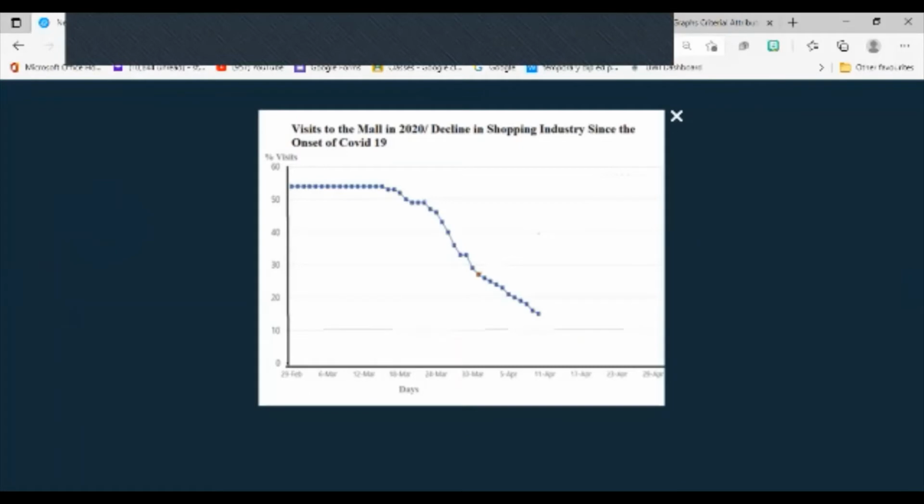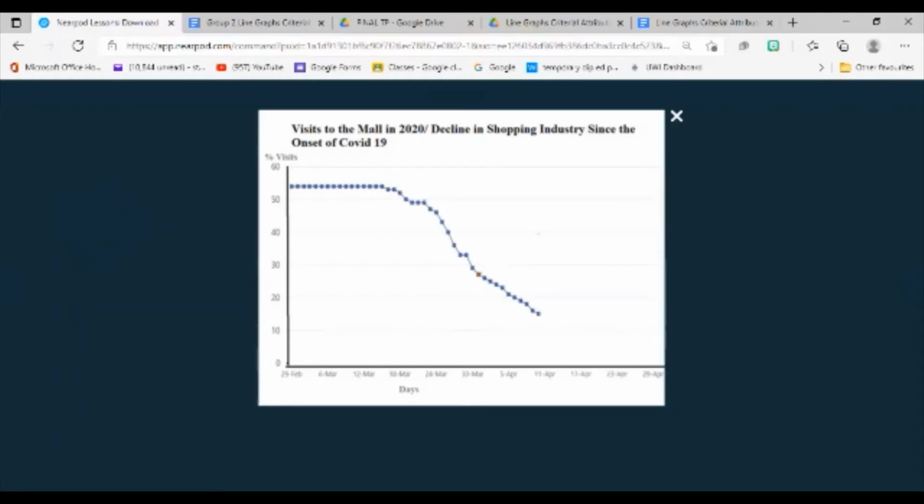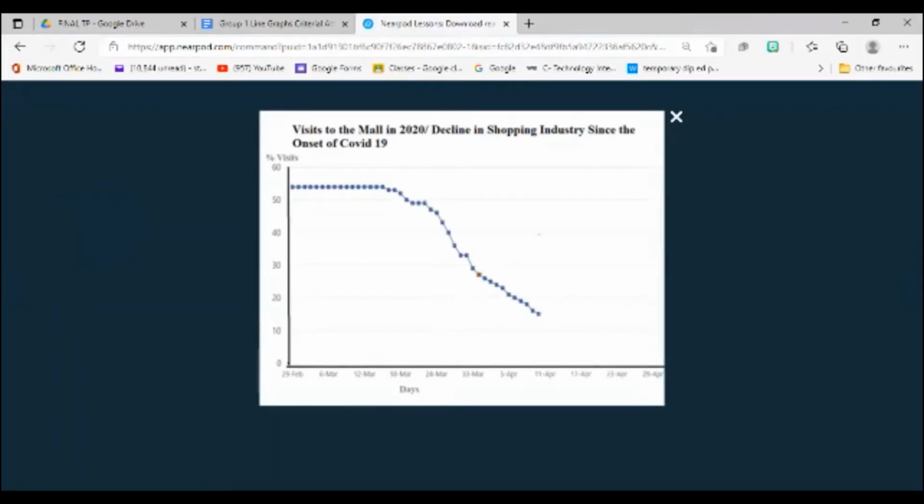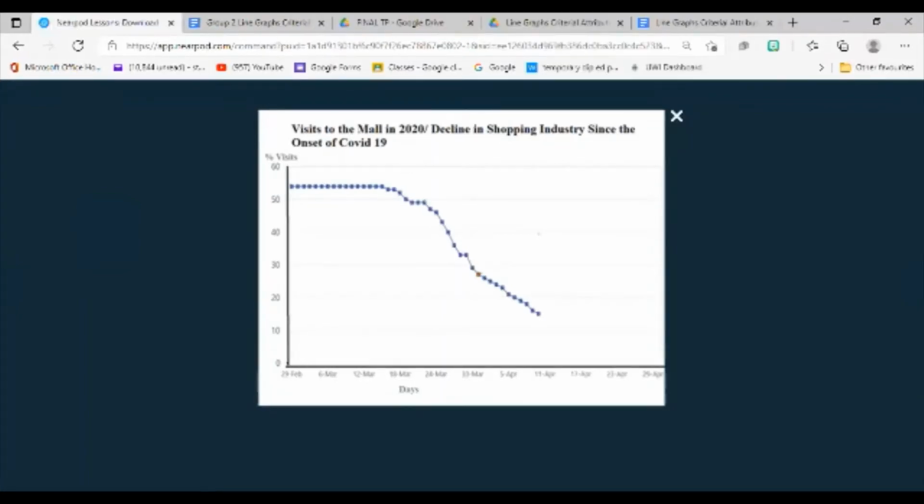I see you all answered this one really quickly. Is this a good example of a line graph? So all of you said yes. Can you tell me why? Somebody explain to me why you think this is a good example of a line graph. The data points and the lines. Very good. What else? The axis, labels, dots, lines. Right.